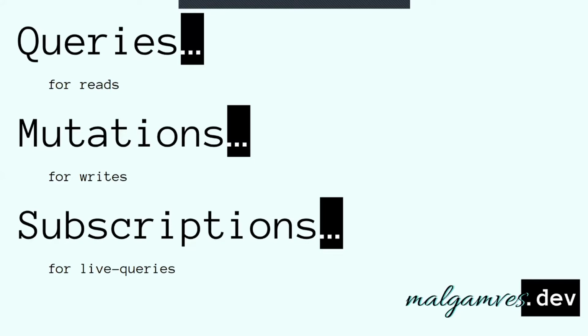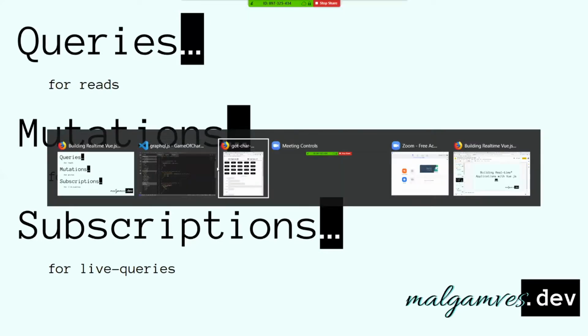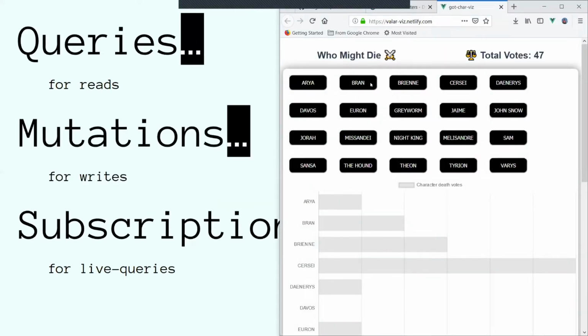We subscribe to a specific query, and whenever there's an update made to the data we're subscribing to, that update is sent to us and rendered on the screen, which you can see here with total votes changing every time we update the vote data for a character.